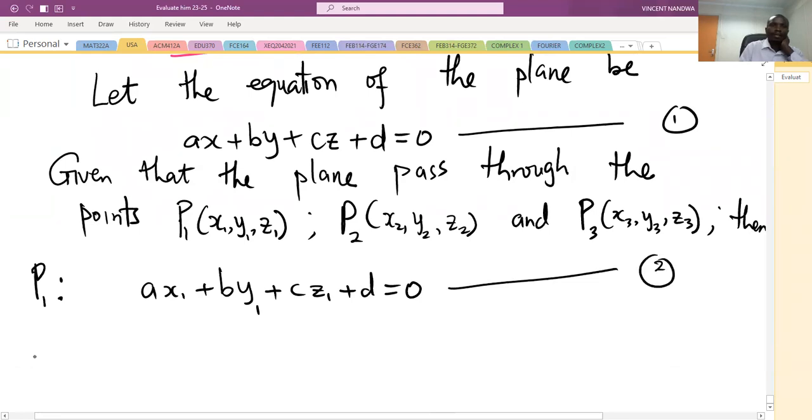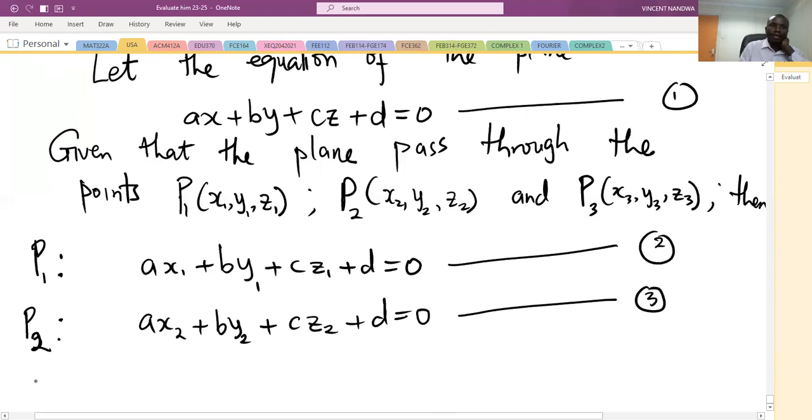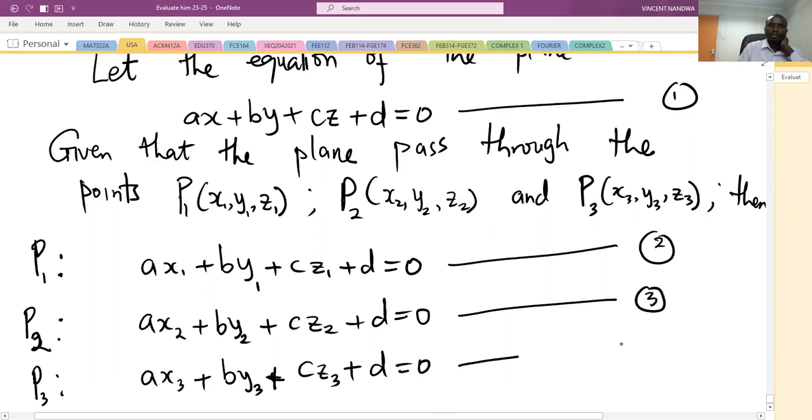For P2, replace x by x2, y by y2, z by z2, and so this is what we have. Call this one equation 3. And then for P3, we have Ax3 plus By3 plus Cz3 plus D equals 0. Call this one equation 4.